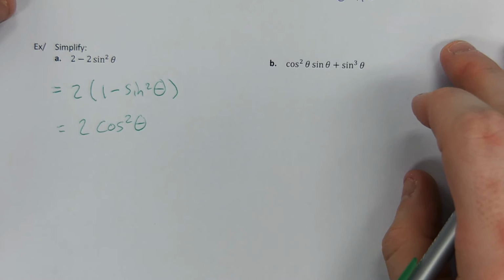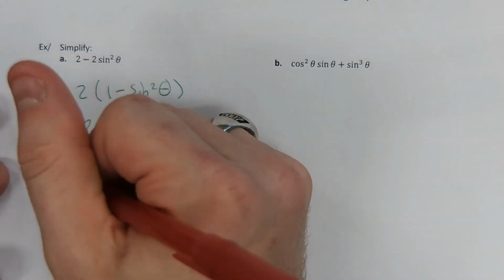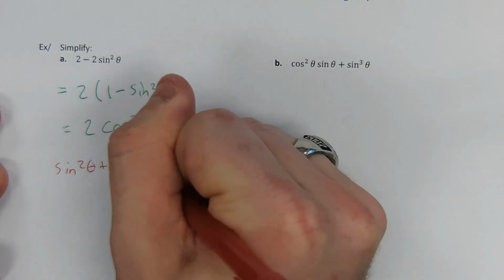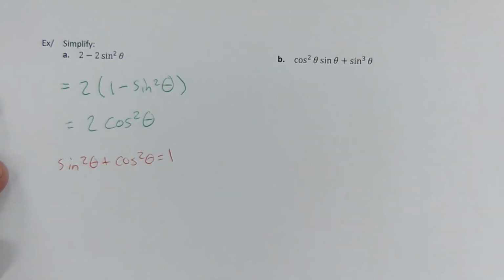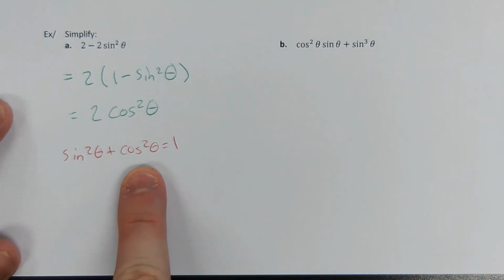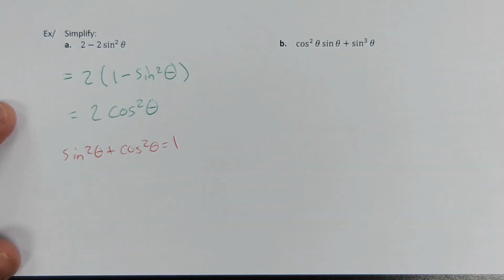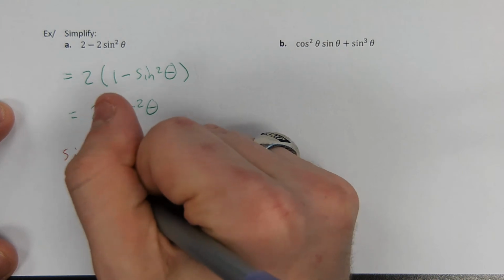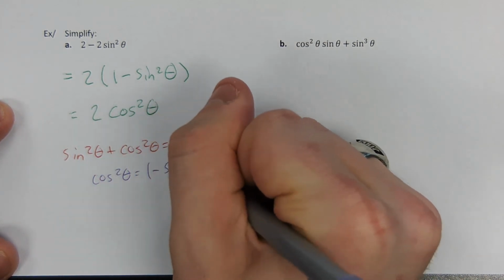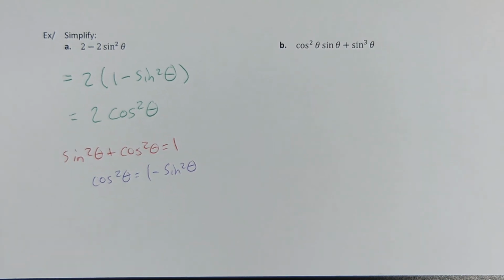Well, let's remind you that sine squared theta plus cosine squared theta equals 1. So if you wanted to get cosine squared theta alone, you would just subtract sine squared theta from both sides. Ta-da! So that's why the answer is 2 cosine squared theta. I just subtracted sine squared theta from both sides.